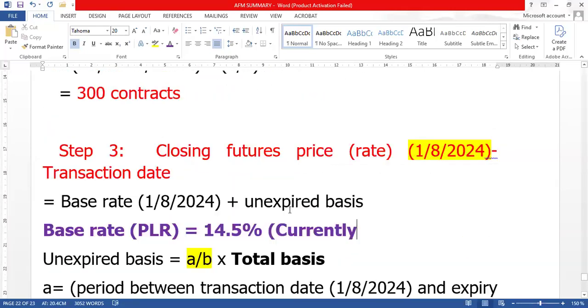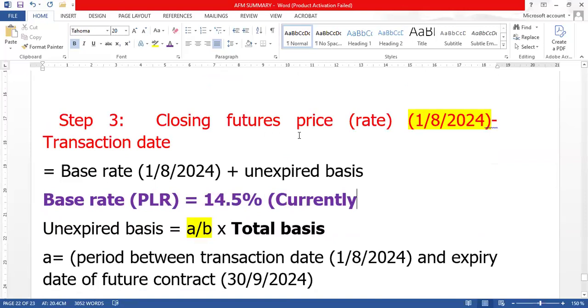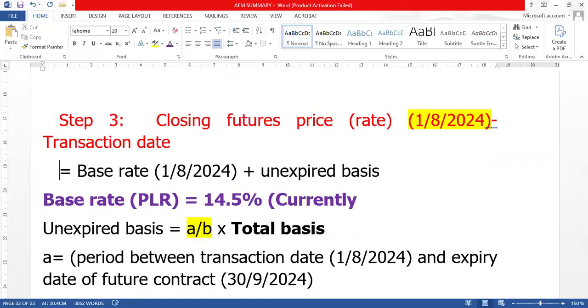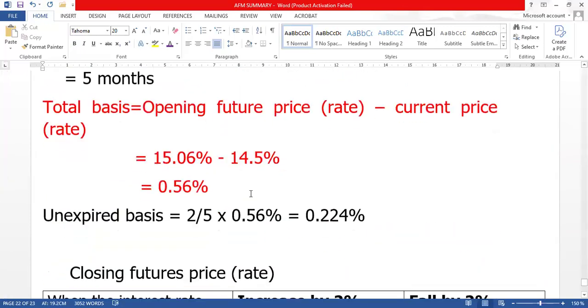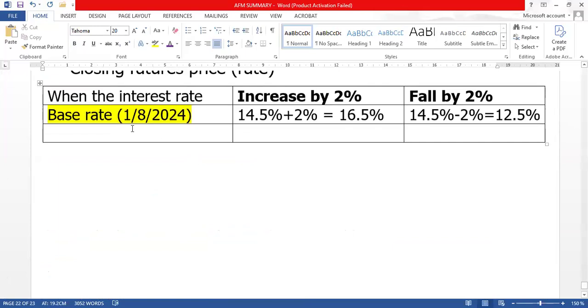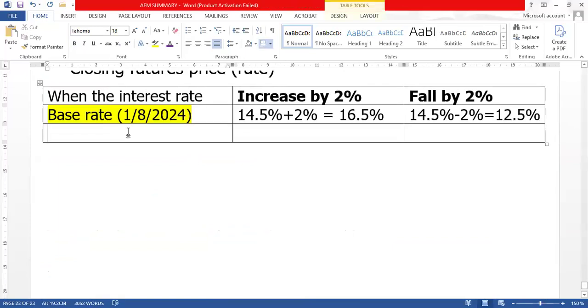So we say that as you get the closing futures price, you get the base rate. That is the base rate on transaction date. Then we add the unexpired basis. The unexpired basis is what? Already we have 0.224. This one is constant.